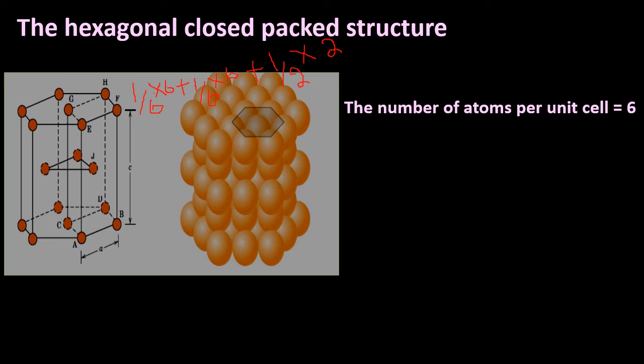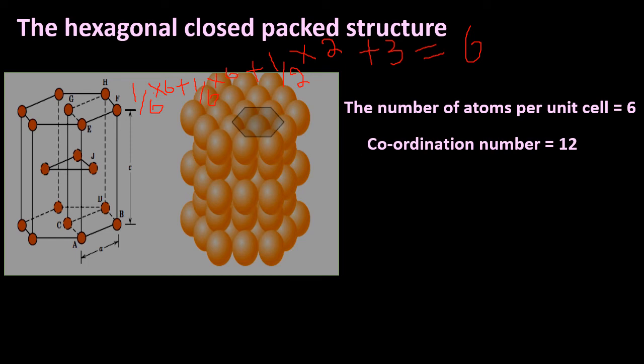Plus there are 3 atoms in the mid plane between the 2 hexagons, which belong only to this unit cell, plus 3. So the total number of atoms per unit cell will be equal to 6.